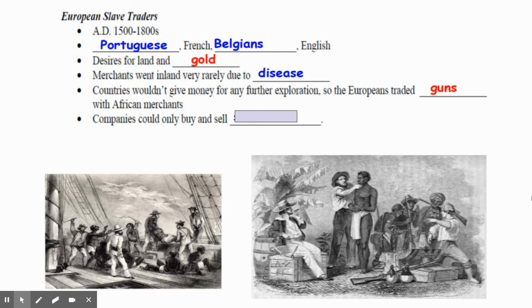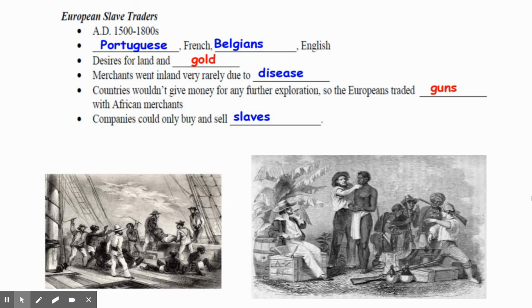If they had gunpowder, they could beat another tribe, and hence they could sell off their enemies to these different merchants. They could make money. Companies would only buy and sell slaves, and that's really the evil side of all of this.